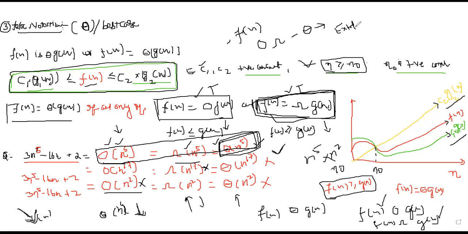While choosing the big O, you have to choose the smallest f of n. While choosing the omega, you have to choose the largest f of n. Isn't it? Yes, sir.